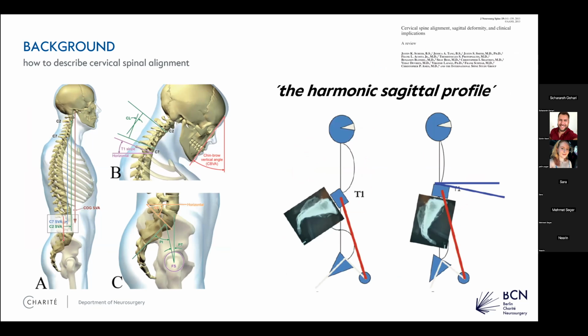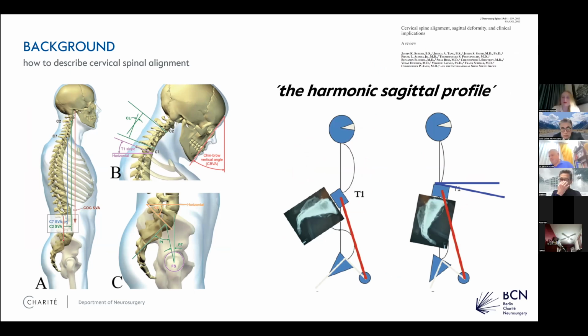And this is to remind you that you cannot look at the cervical lordosis or the cervical anatomy in an isolated way. The cervical lordosis is part of the overall sagittal alignment of the spine, and it's heavily affected by the anatomy and by the alignment in the thoracolumbar and lumbopelvic area.